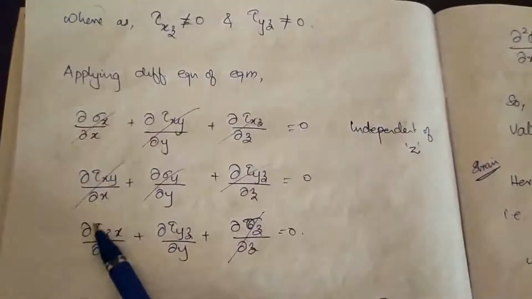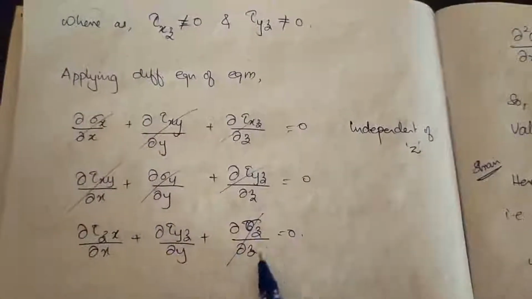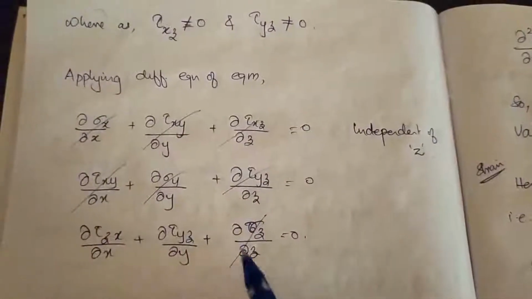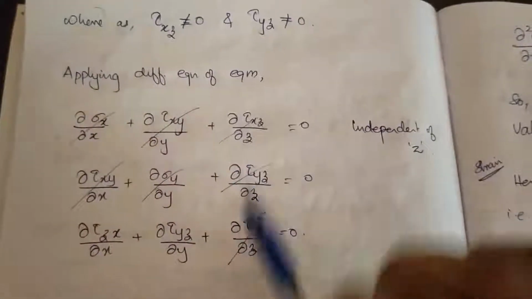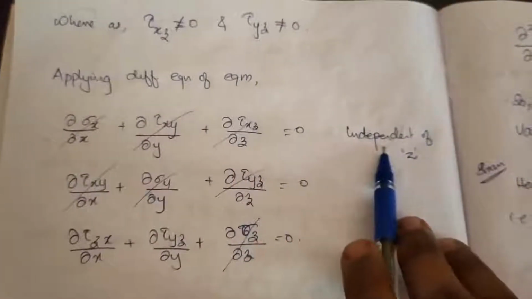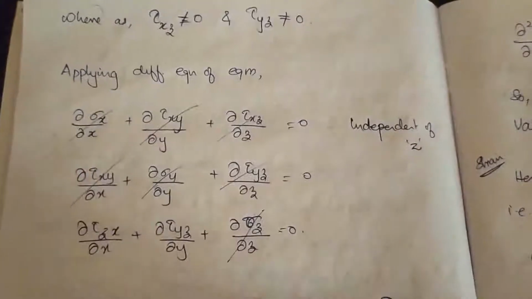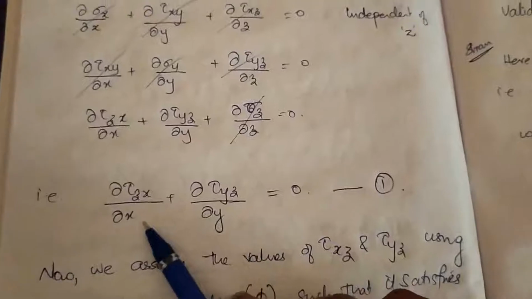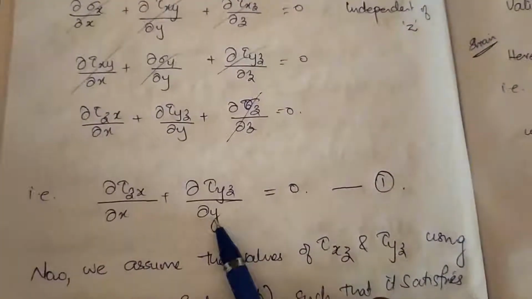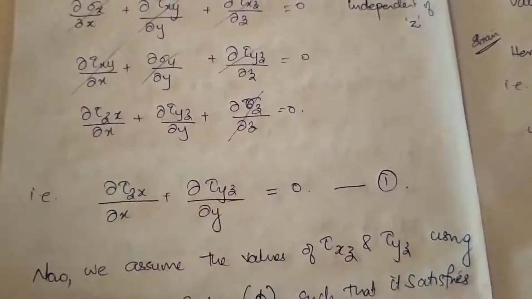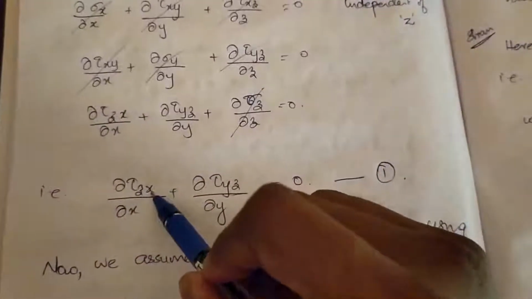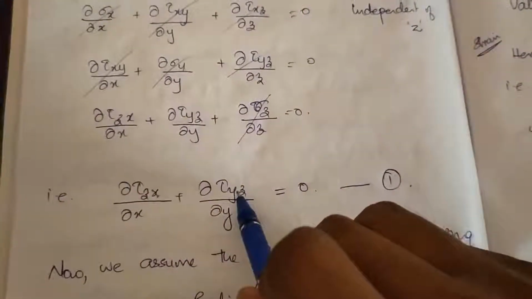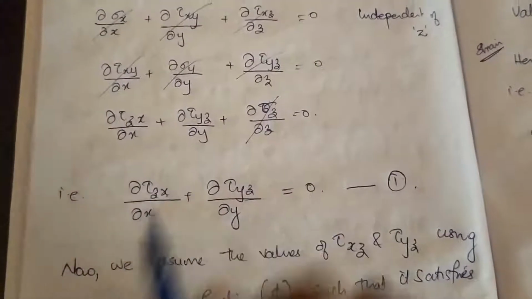Then we will get these terms 0, and those with z will become 0 because it is independent of z. The same thing we explained in Sen-Venance method: dou tau zx by dou x plus dou by dou y of tau yz is 0. Now we should give values for tau zx and tau yz such that this condition is satisfied.